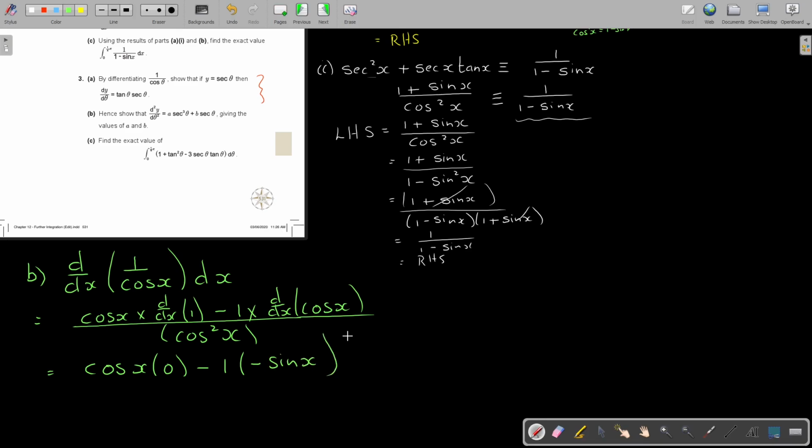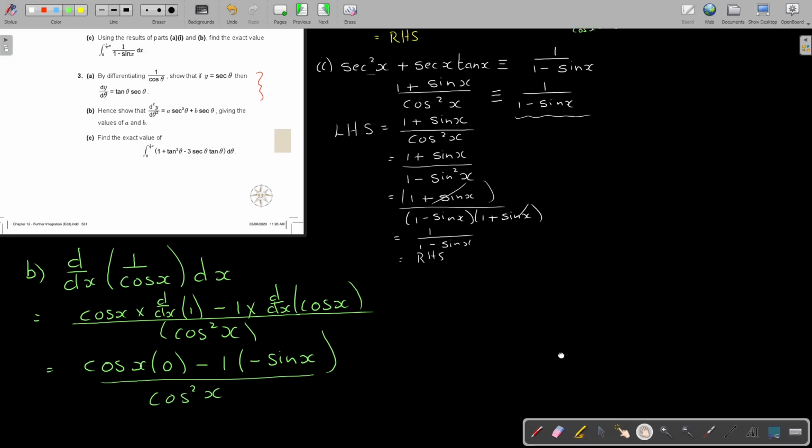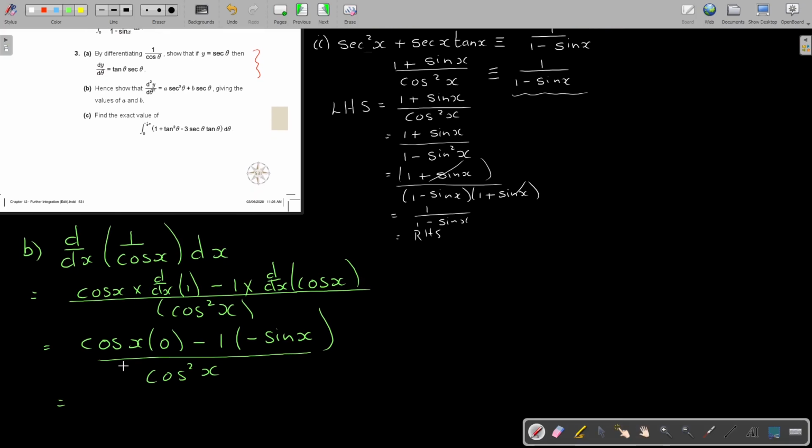This you can look on your formula sheet. It will always be there. And it's going to be over cos square x. So this is going to be 0, and this is going to be sin x over cos square x.